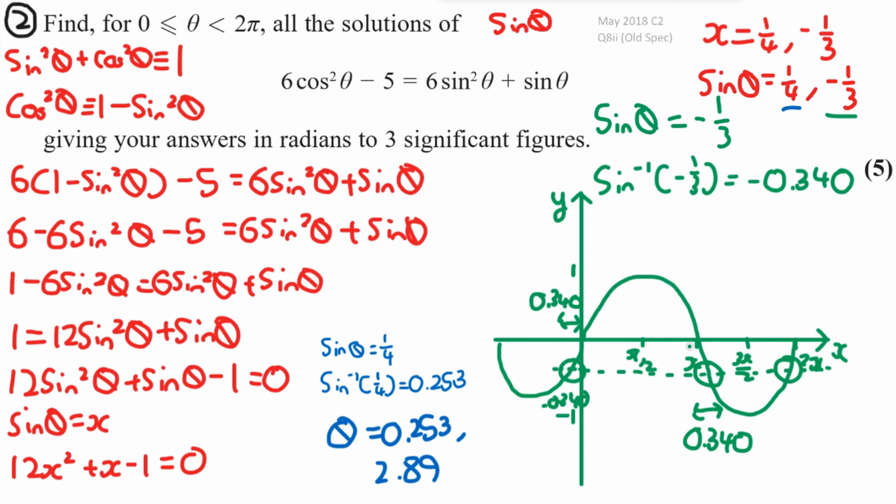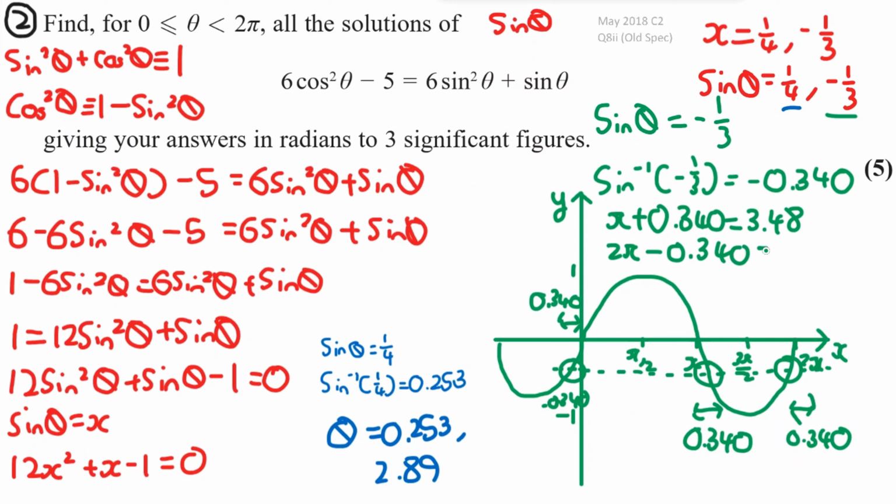So therefore this value here is going to be pi plus this difference here to get to this value, 0.340, which if you put into a calculator is equal to 3.48. And then this difference here is also 0.340. So therefore this value is going to be 2 pi minus the 0.340, which if you put into a calculator is equal to 5.94.